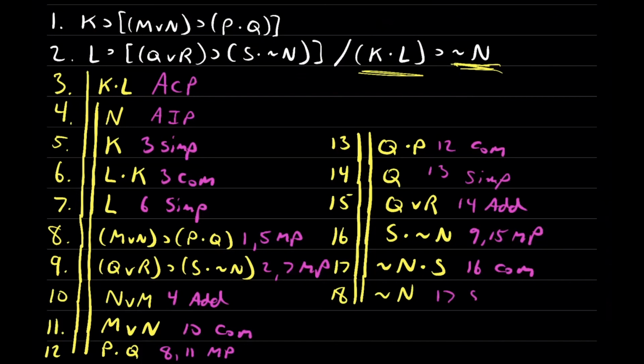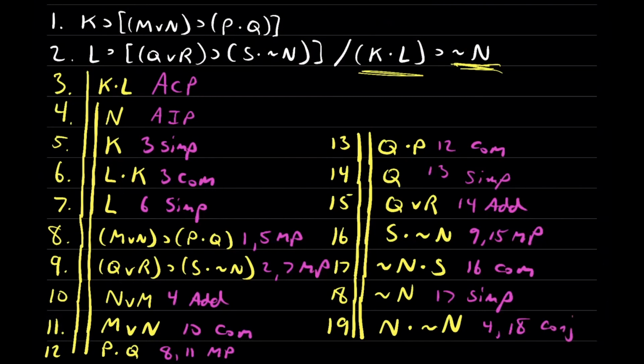So 17 by simplification. And now I've got my N, I've got my not N. I just need to conjoin them together, still inside these two vertical lines, N and not N. And this is going to follow from line 4 and 18 by conjunction.